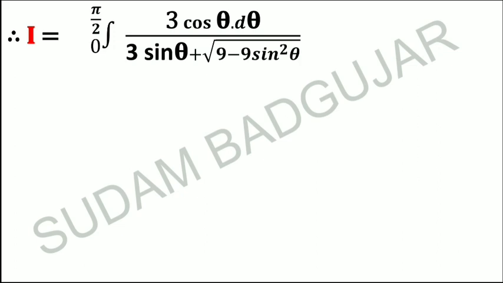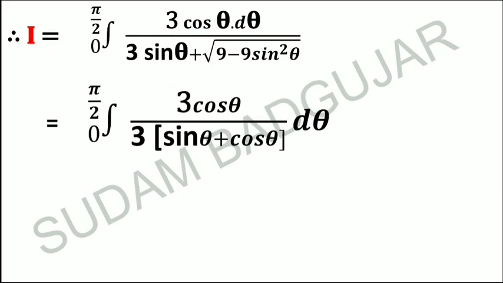What is 1 minus sin square theta? It becomes cos square theta. Then under root of 9 cos square theta is nothing but 3 cos theta. Then taking 3 common from the denominator, it is 3 cos theta upon 3 into sin theta plus cos theta, into d theta, from 0 to pi by 2.